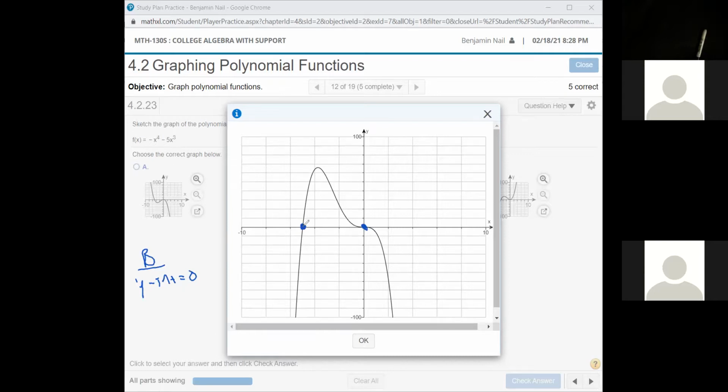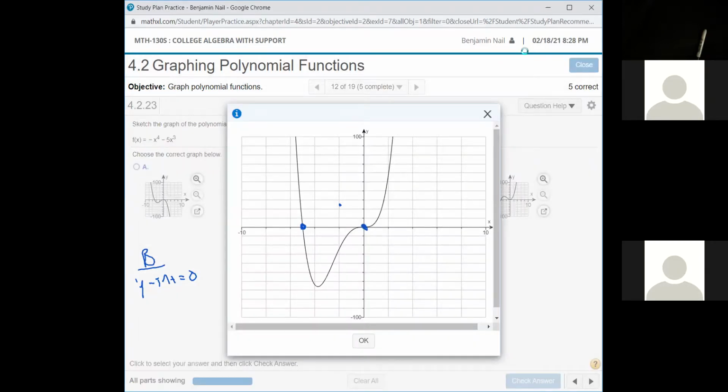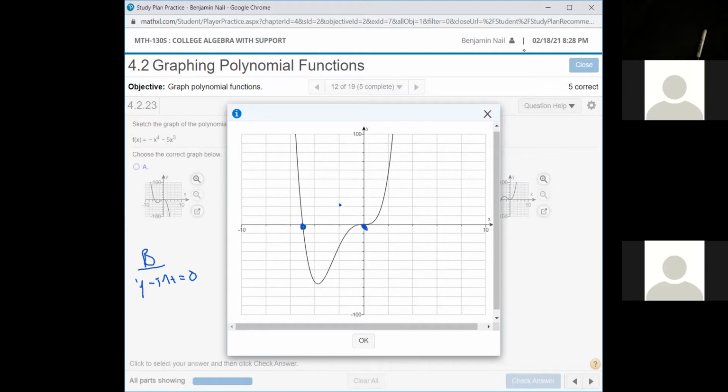We also have a 0 over here somewhere at about -5-ish. I don't know if that's exactly right, but at -2, I would get a y value somewhere up in here. And I could check any of those. If I blow up choice C, unfortunately, C crosses in the same two places, so it's going to have the same 0.